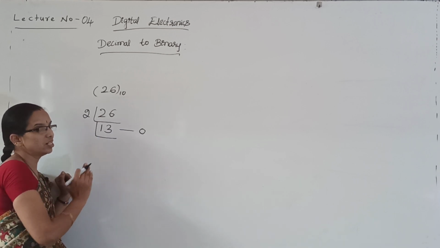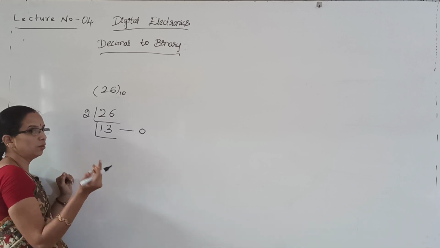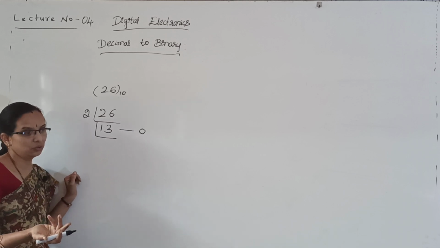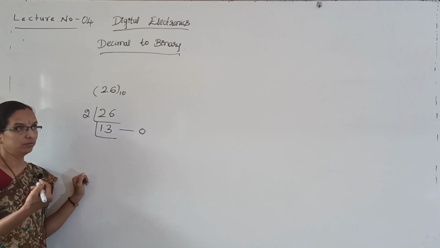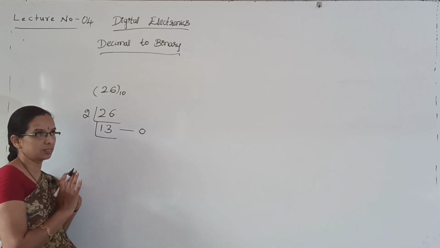That means the quotient should be 1 or 0. Obviously it will be 1 only, because only 0 and 1 are the two symbols in binary. Once the quotient becomes 1, you should stop the division process.